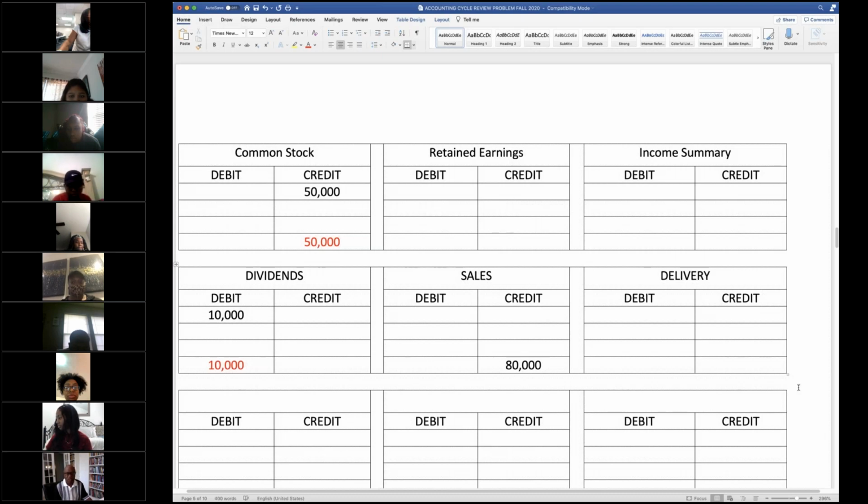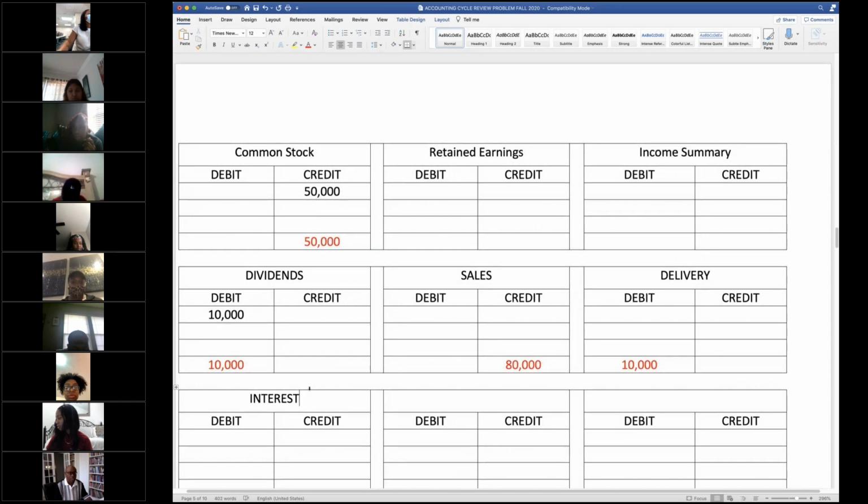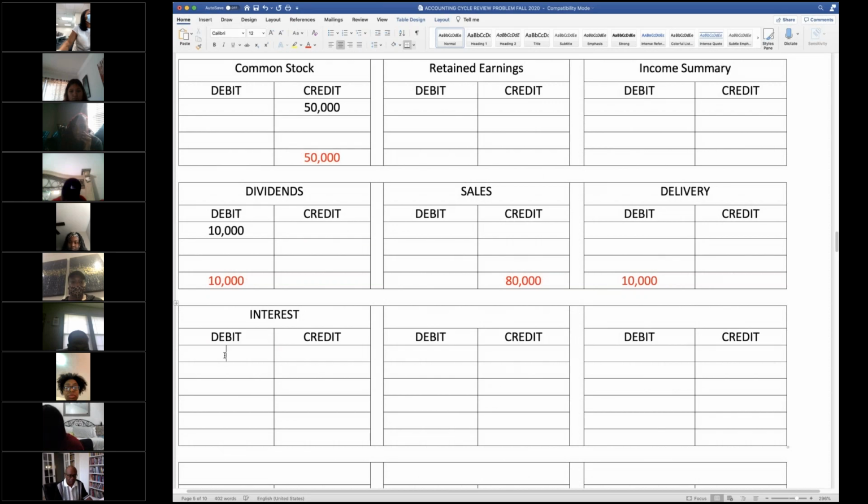How much was the delivery expense? 10,000 debit. And then interest comes down here. What's the debit in interest? 5,000.